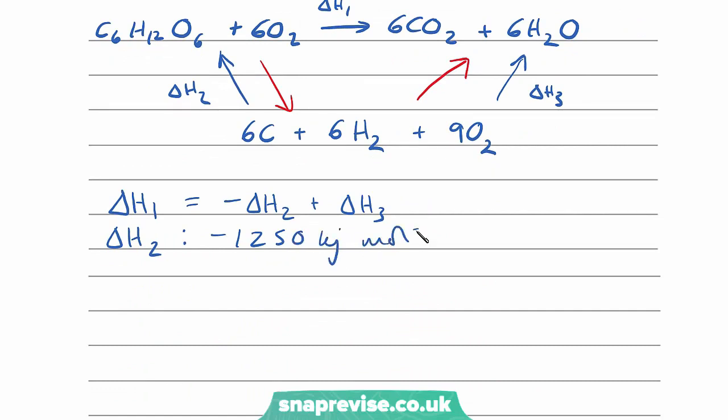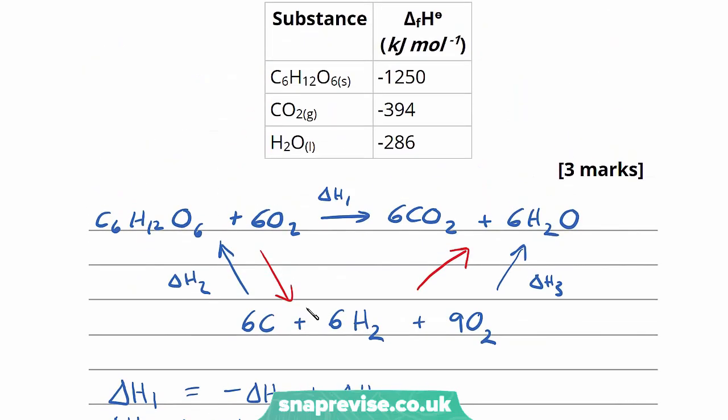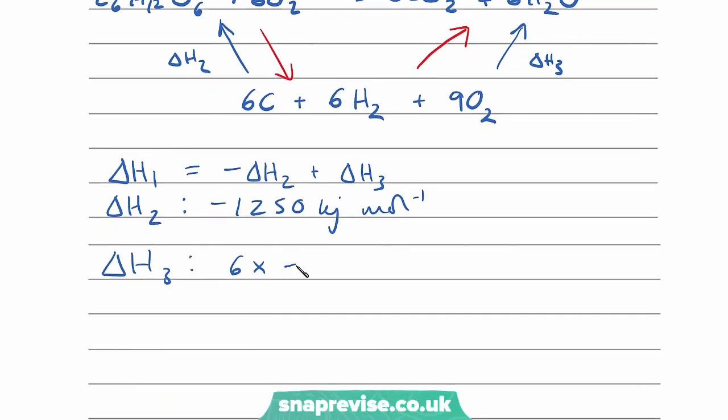Now for delta H3. Delta H3 is the standard enthalpy of formation of 6 moles of carbon dioxide and 6 moles of water. So that'll be 6 times, looking at our table, the standard enthalpy of formation of carbon dioxide, which is minus 394. So 6 times minus 394 gives us minus 2,364 kilojoules per mole.